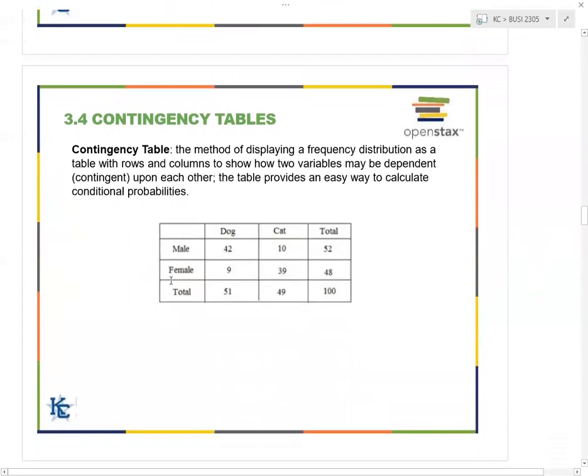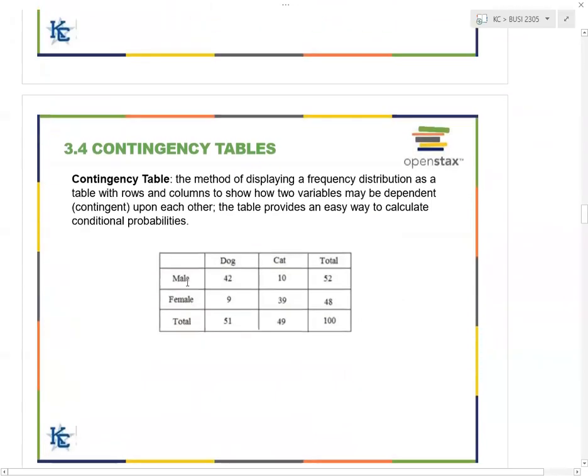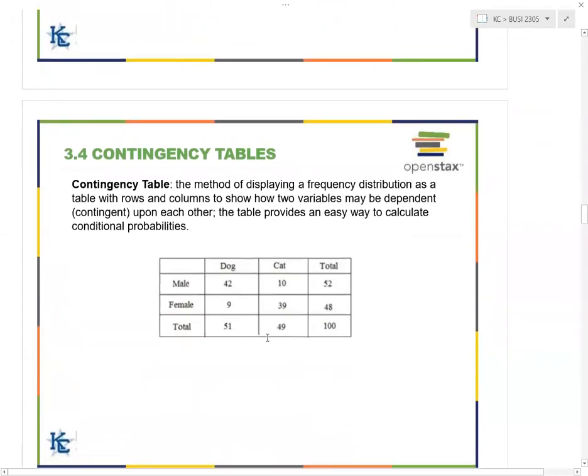All right. So the second idea in 3.4 that is important is contingency tables. A contingency table is a method of displaying a frequency distribution as a table with rows and columns to show how two variables may be dependent upon each other, or contingent upon each other. So what happens here is, if we have dogs and cats, and we're comparing male dogs, male cats, female dogs, and female cats.